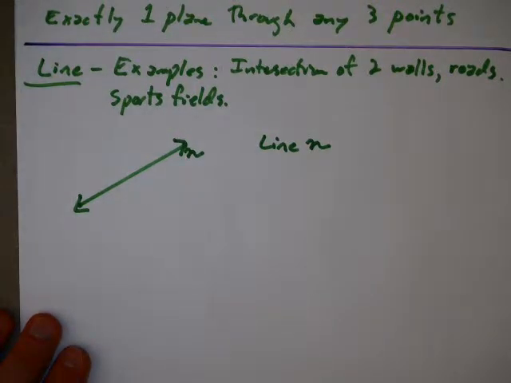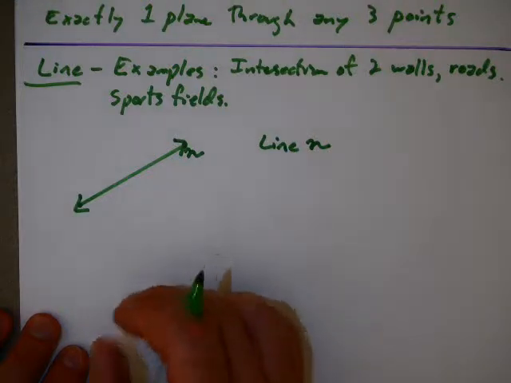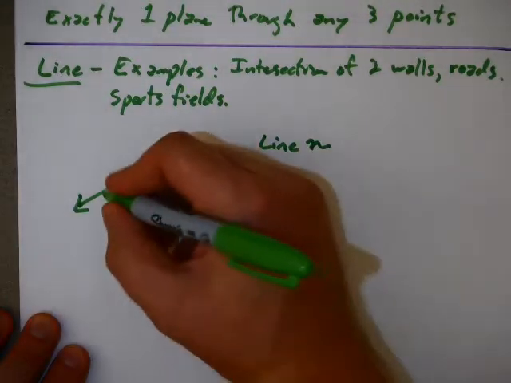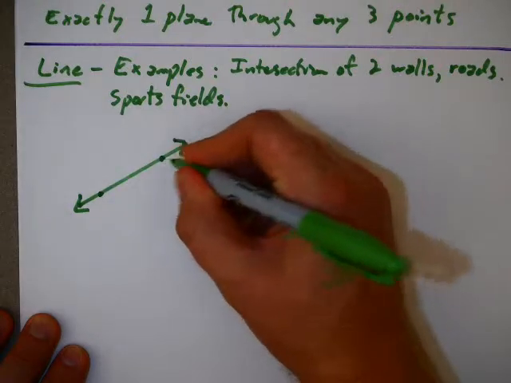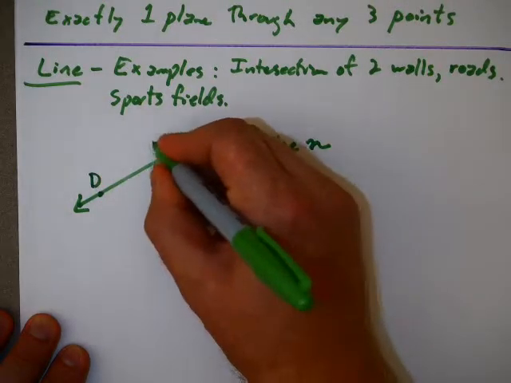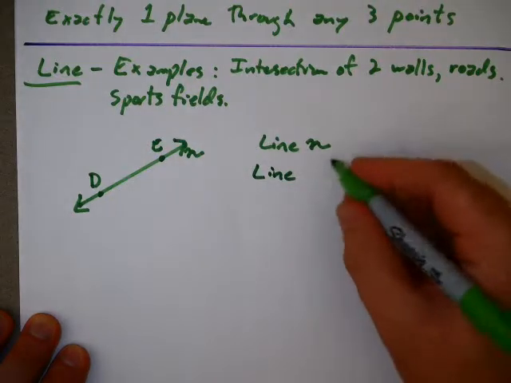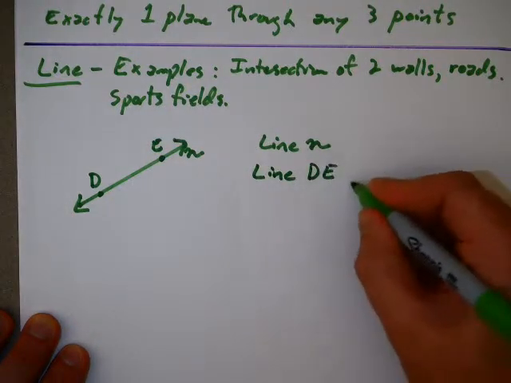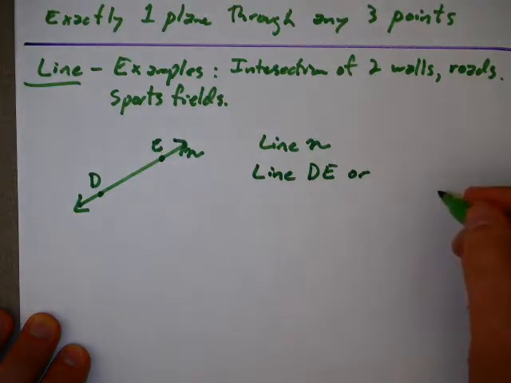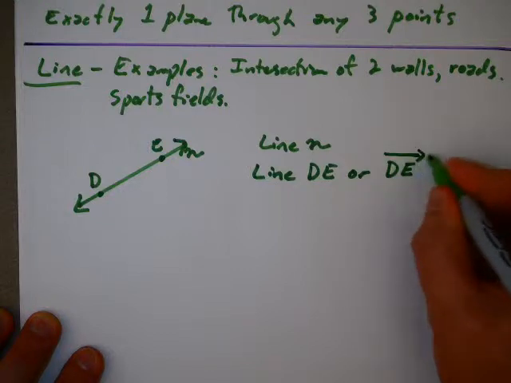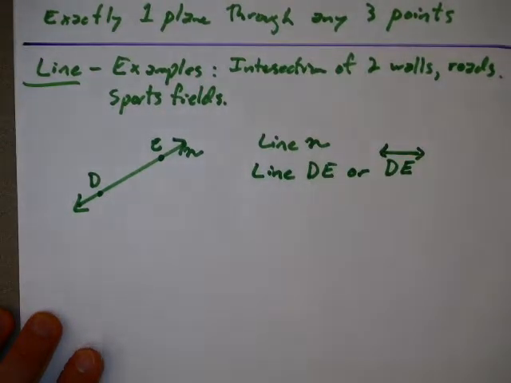The other way we could name this is by any two points. And just like the plane is made up of an infinite number of points, so is the line. It's really just a connection of points that all go in a line. So we'll call these D and E. There are two ways we can name this: either line DE, or the symbol that we'll use most of the time, DE with a line over it.